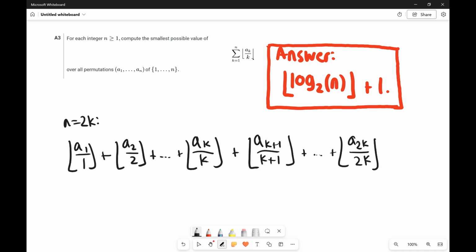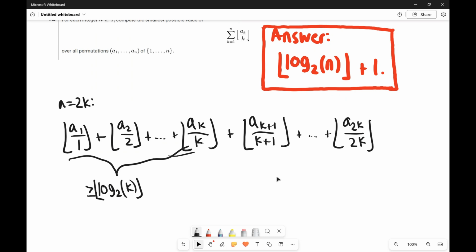Then we know that by the inductive hypothesis, we're going to just induct here, that this thing here is at least floor of log 2 of k plus 1.